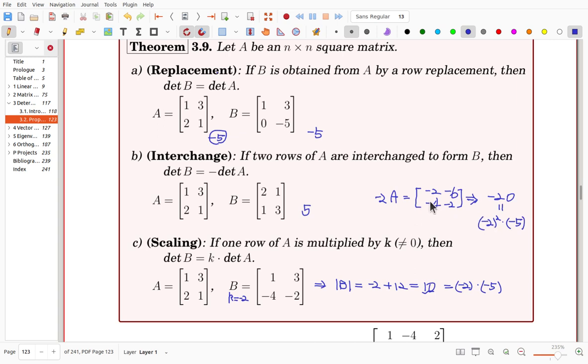This multiplication can be interpreted this way: first, we multiply minus 2 to the first row of A, and then one more time we multiply minus 2 to the second row, so minus 2 is multiplied twice. So you put minus 2 squared times the determinant of A.